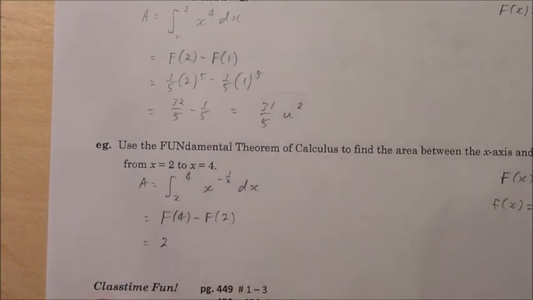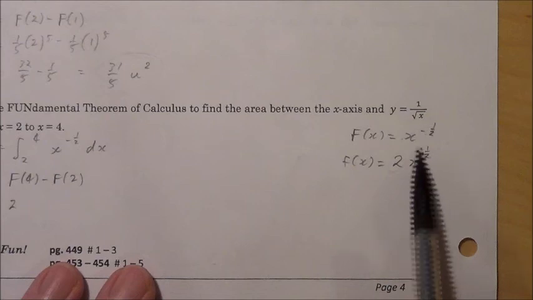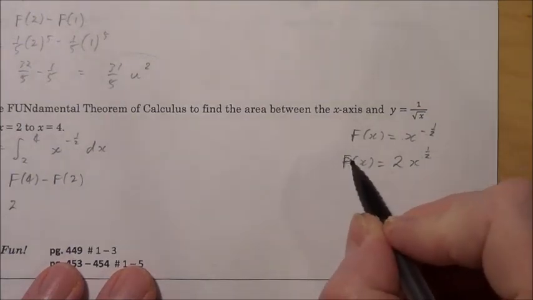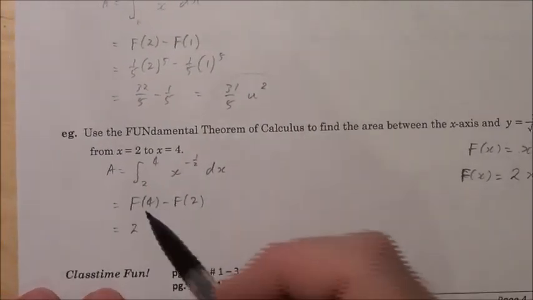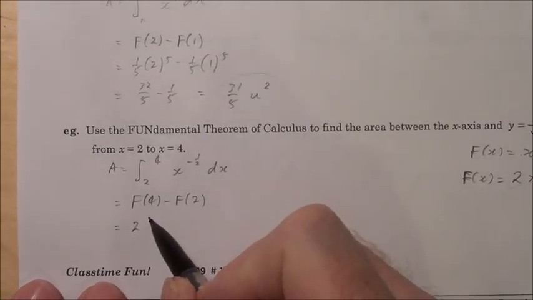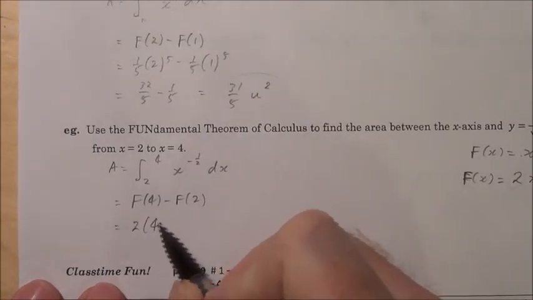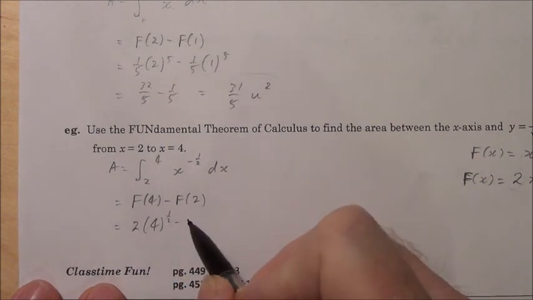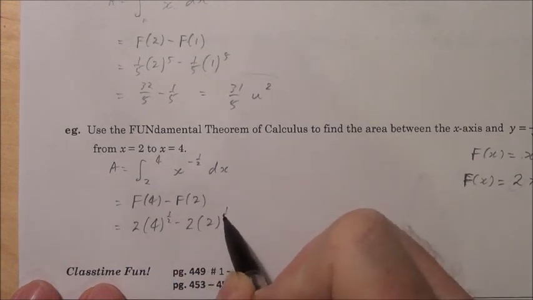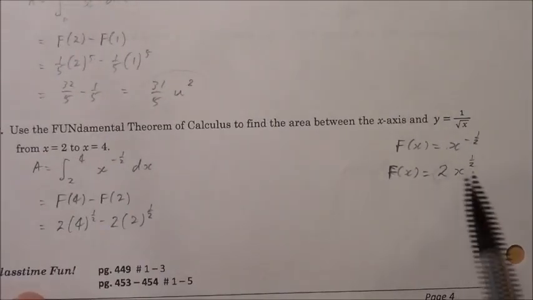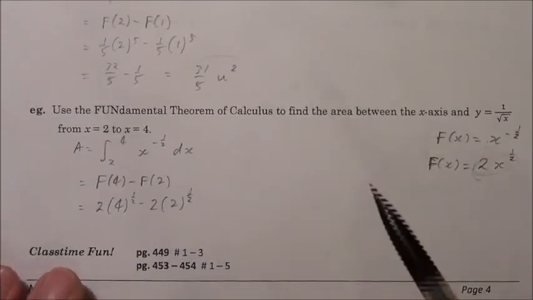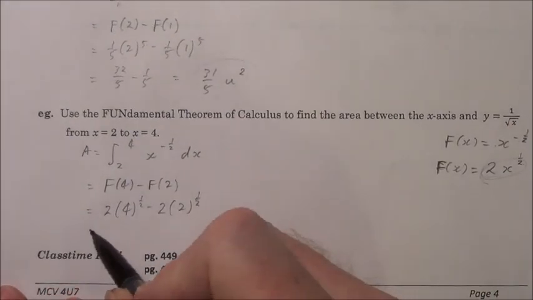So then we just substitute 4 into this, and this is actually capital F. Then we've got 2 times 4 to the 1/2 minus 2 times 2 to the 1/2. So it's the same function, this function over here, just with different values substituted in.